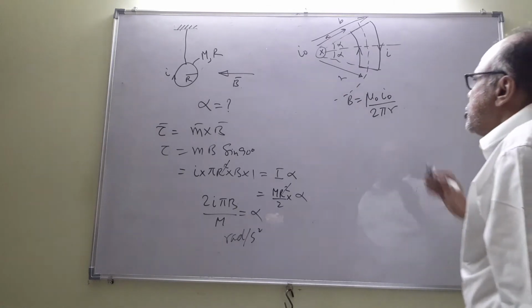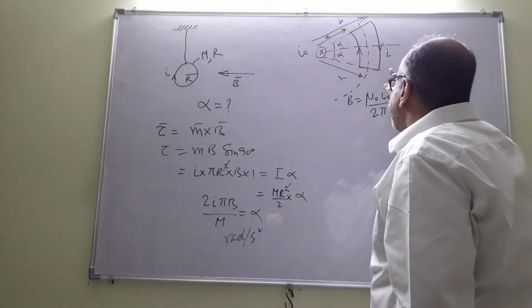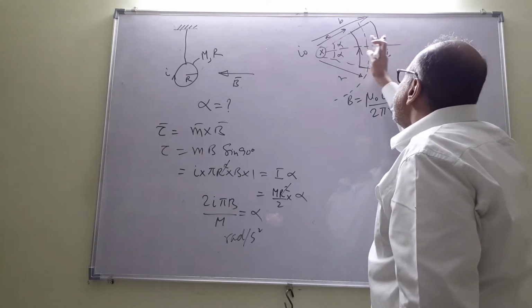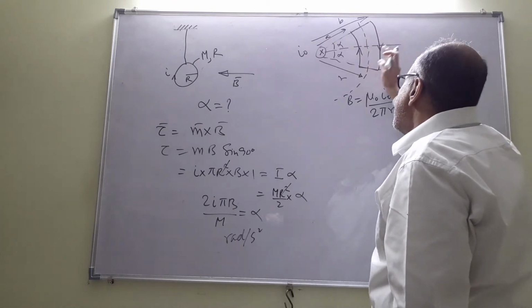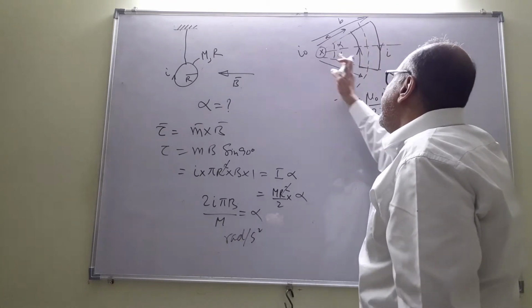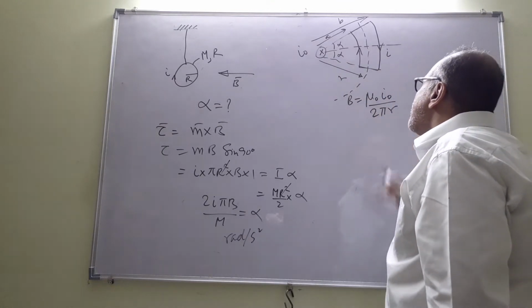Now this B is varying from point to point. The magnitude keeps varying with the radial distance. As r changes, B is going to change.